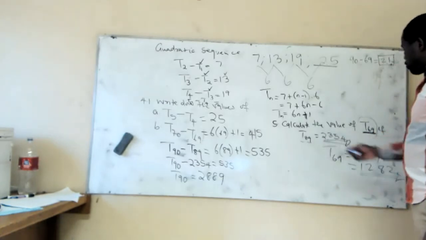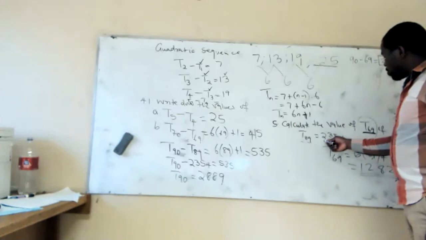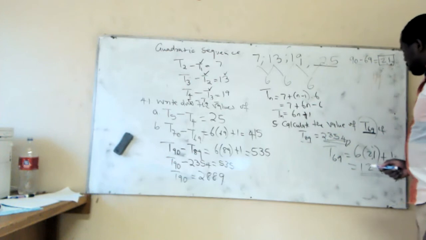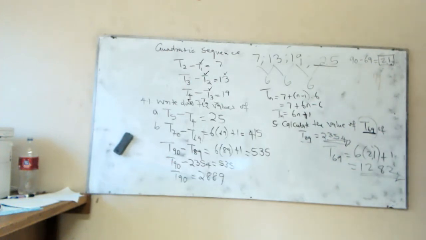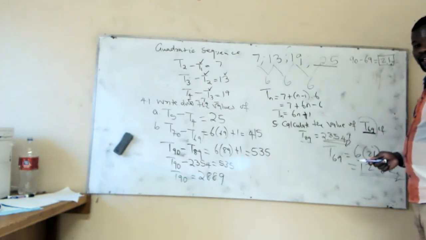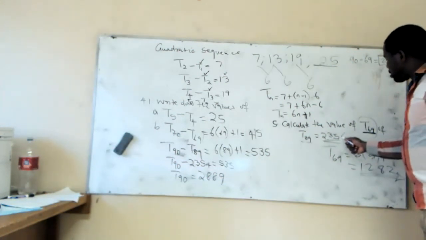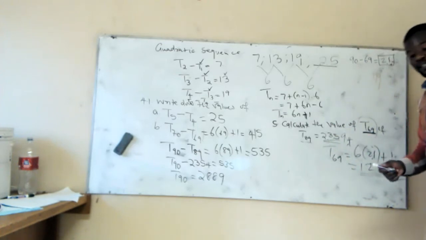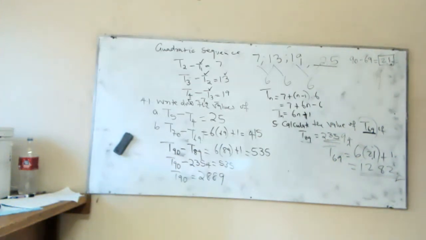T89 is equal to 2,354. 23,594. Take the question. Oh, it's not 2,354. Yes. Oh, I left a 9 here. Nine, 9 before 4. Okay, it's like this, ne? Yes. Okay, but it's okay.